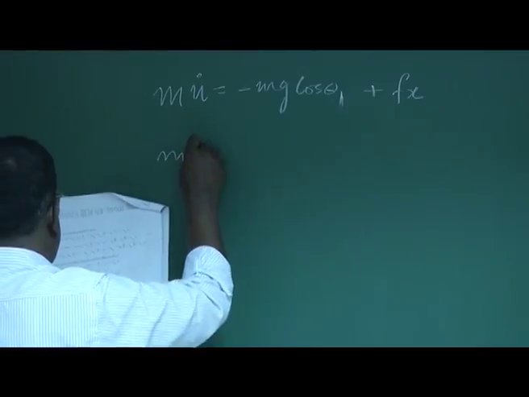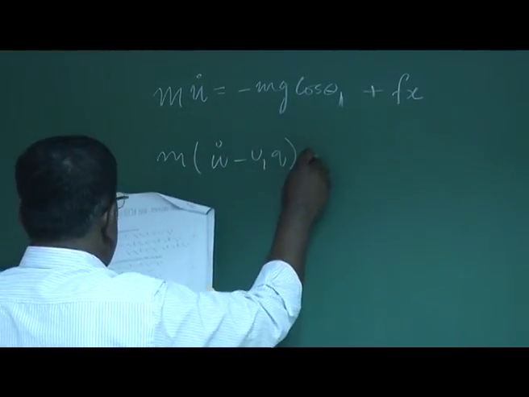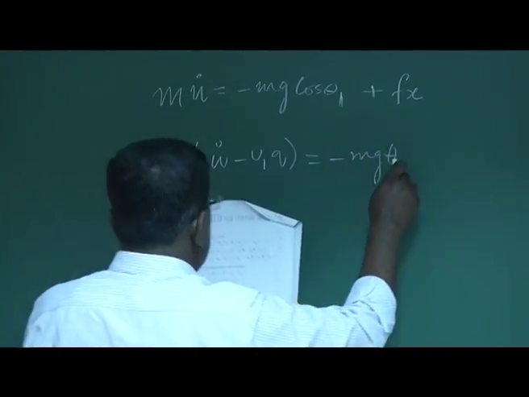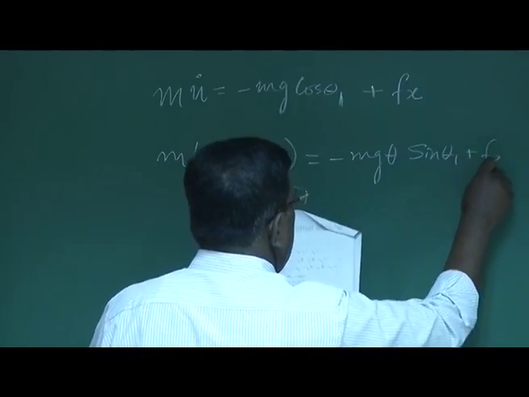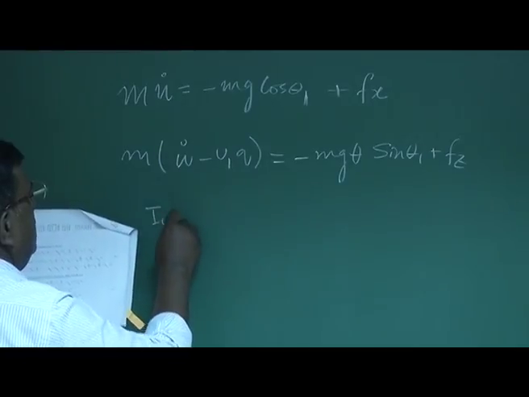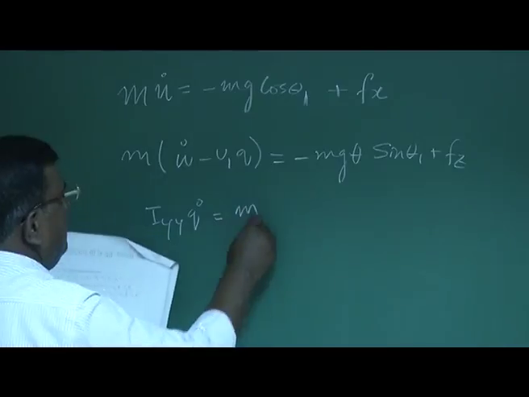Similarly, m w dot minus u1 q is equal to minus m g theta sin theta 1 plus Fz was the second equation, and the pitching moment equation was Iyy q dot equal to M.